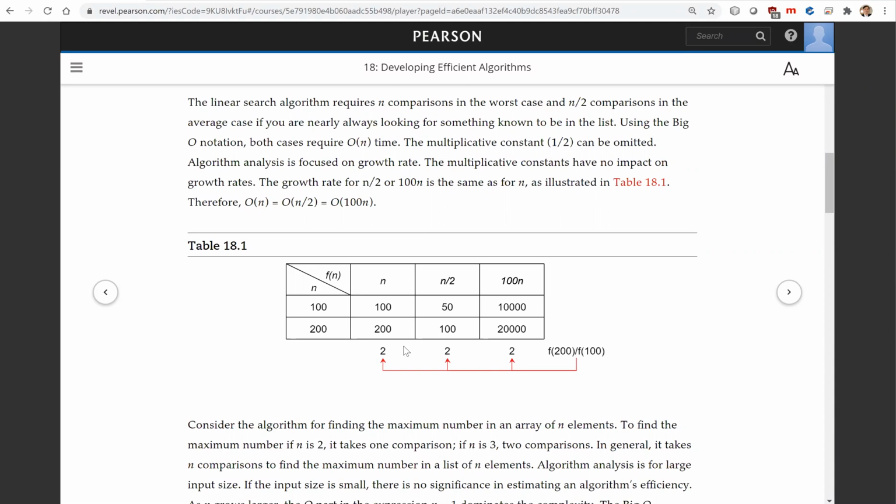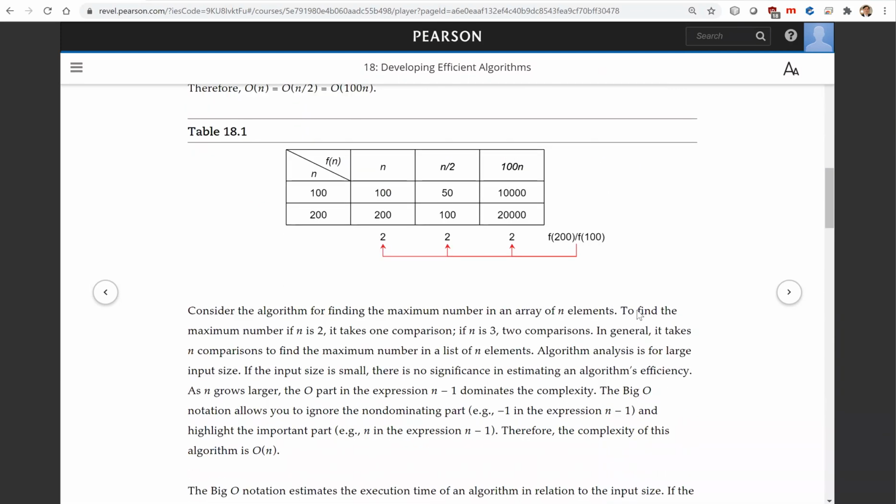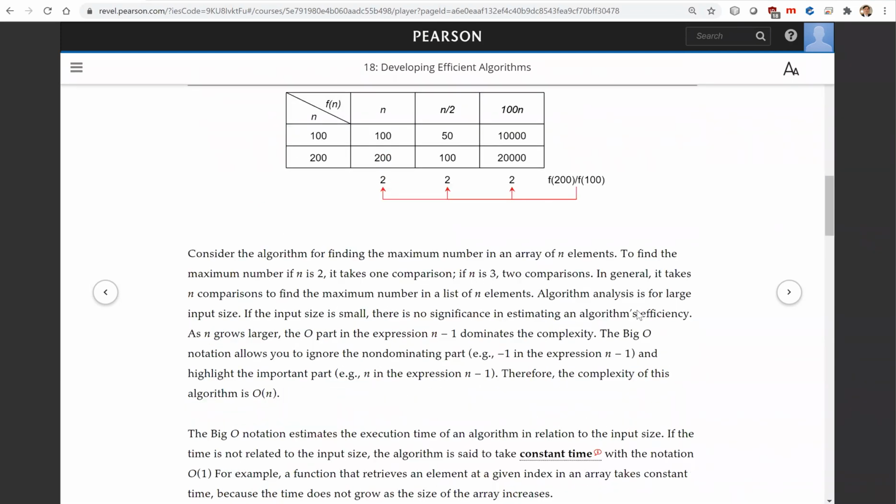So the growth rate is the same, regardless of what constants you have for this function. So the constants can be ignored. Also, the dominating part you can keep, but the non-dominating part should be omitted to simplify the notation.